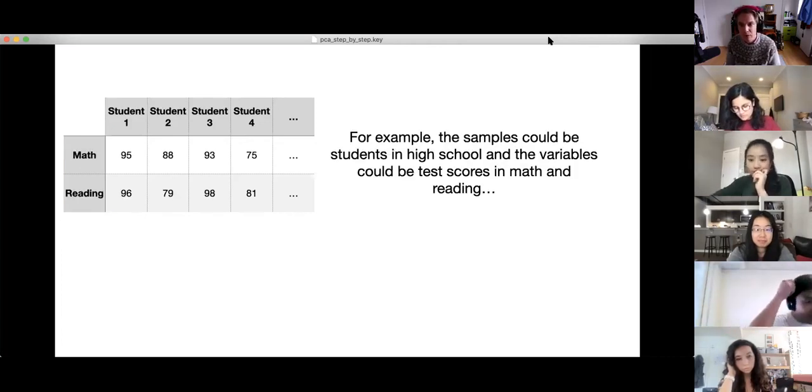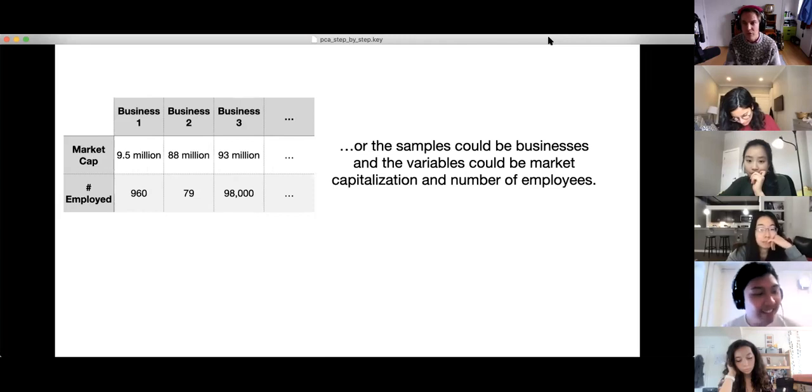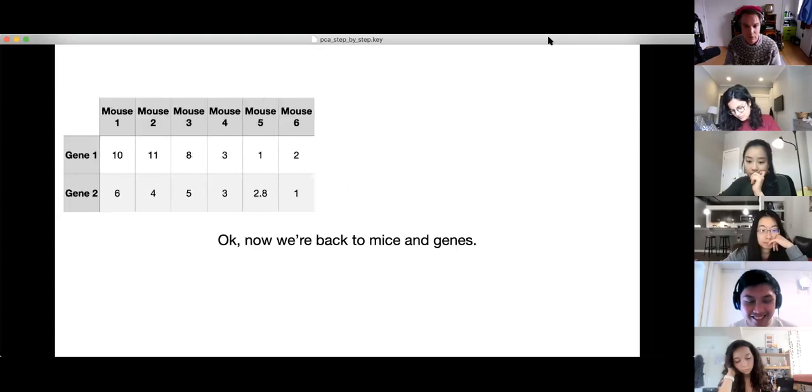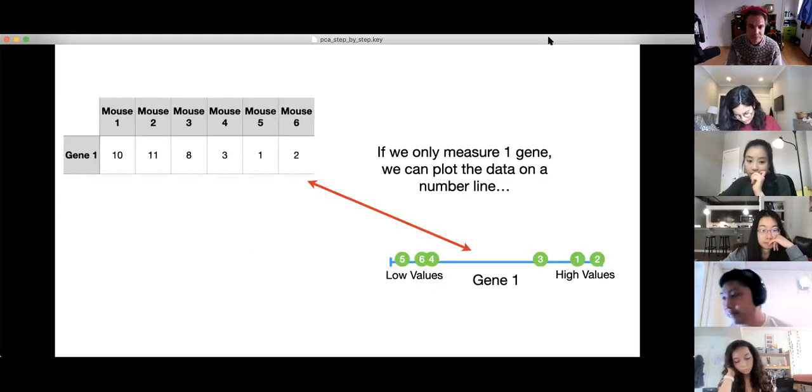For example, the samples could be students in high school, and the variables could be test scores in math and reading. Or the samples could be businesses, and the variables could be market capitalization and number of employees, or whatever. It's just data. Okay, so now we're back to mice and genes.